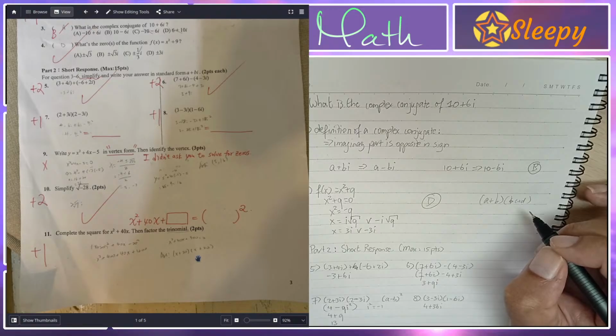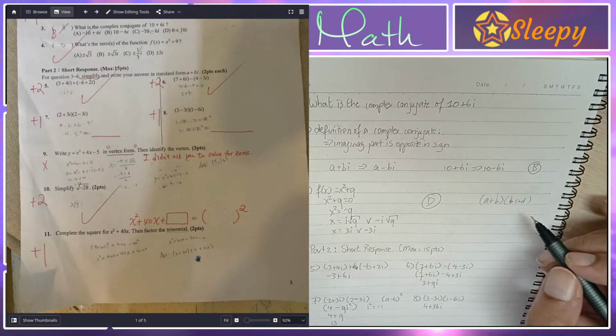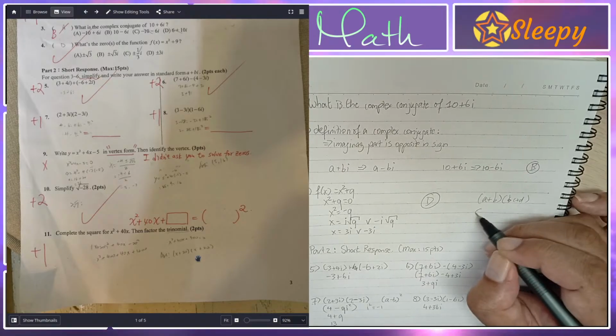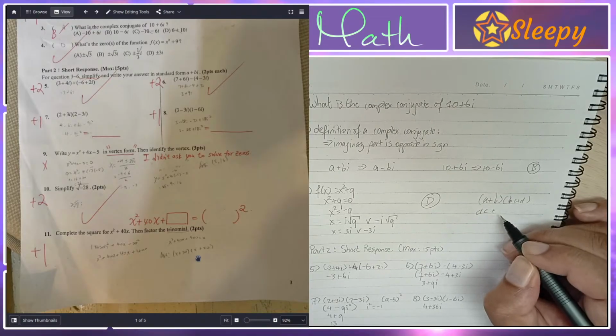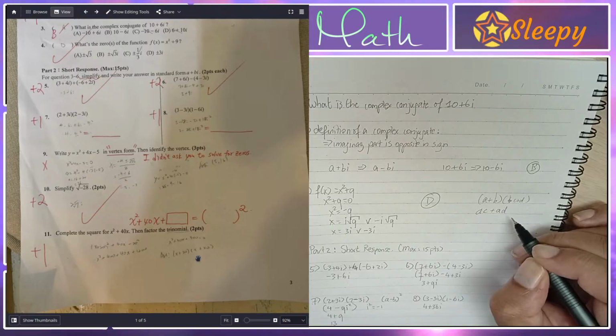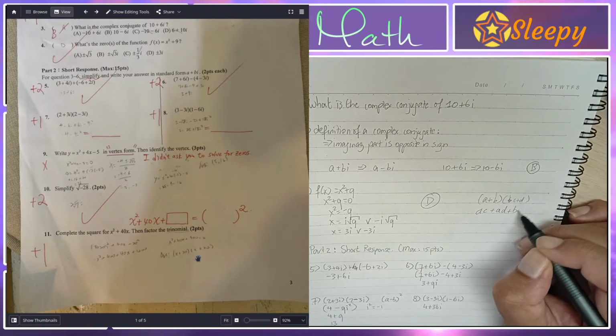How does this work again? So a times c plus a times d plus b times c plus b times d.